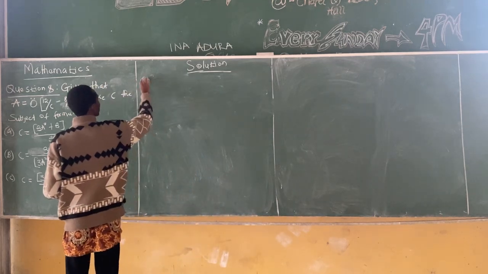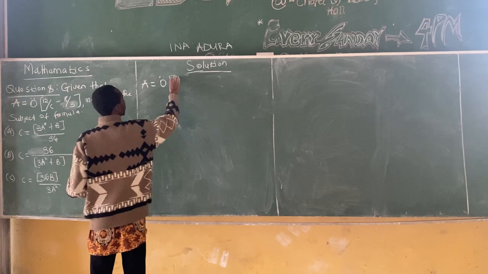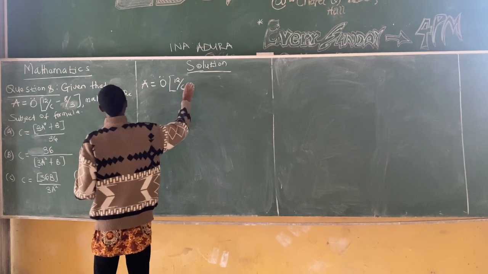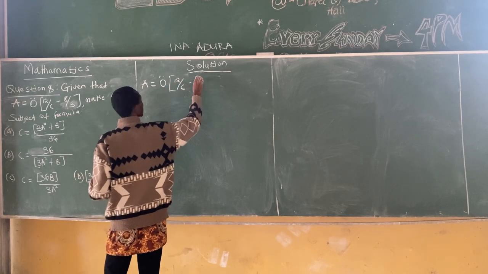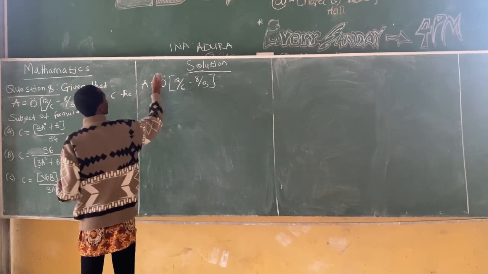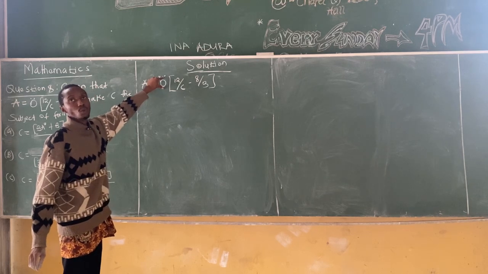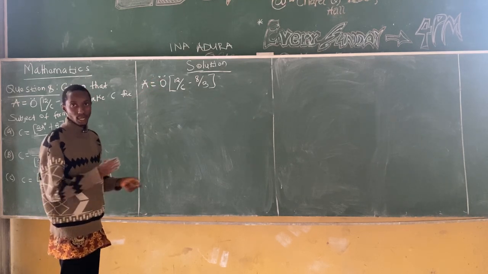The equation is A is equal to the square root of 12 over C minus 8 over 3 in a bracket. For us to remove this symbol, we have to take the square of both sides.